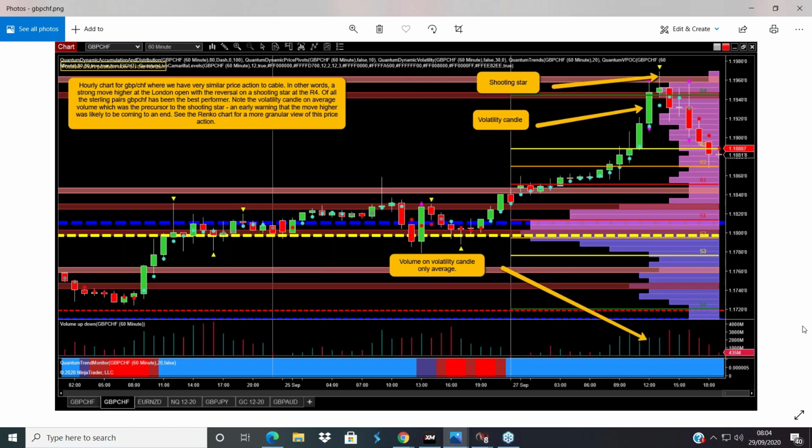Pound Aussie is one of my favorites anyway, but it can go dramatically higher in one session and then completely reverse, and you can take the trade to the downside as well. So there's not an easy answer to that question.